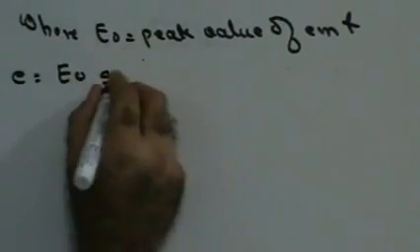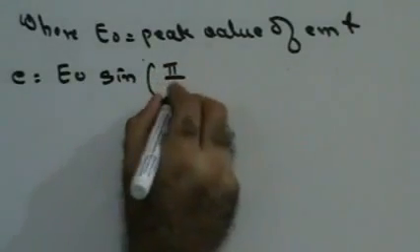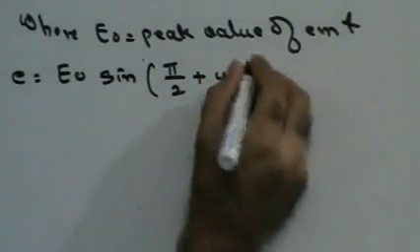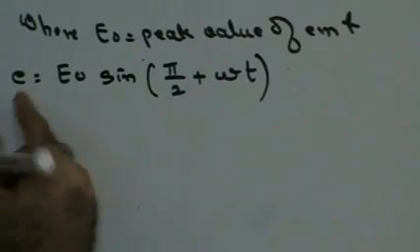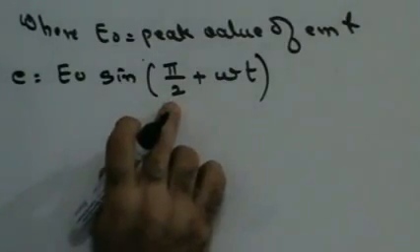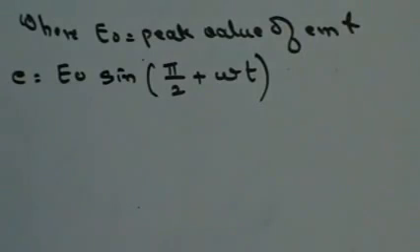From this, we understand that there is a phase difference between EMF and current, and that phase difference is 90 degrees.